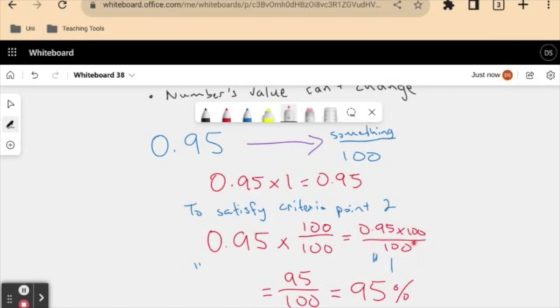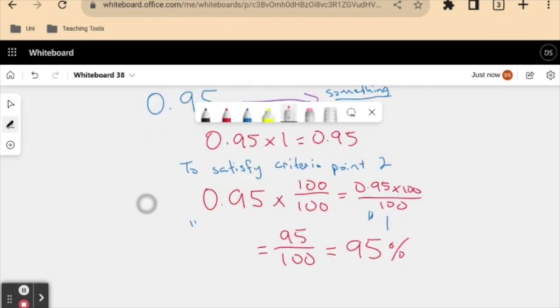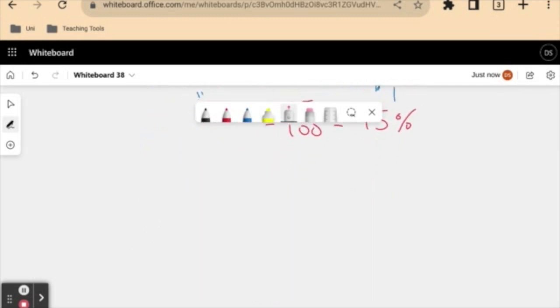Now, let's do one more example, just so you can see that the pattern continues. Say we wanted to convert 0.257, this decimal, to a percentage.